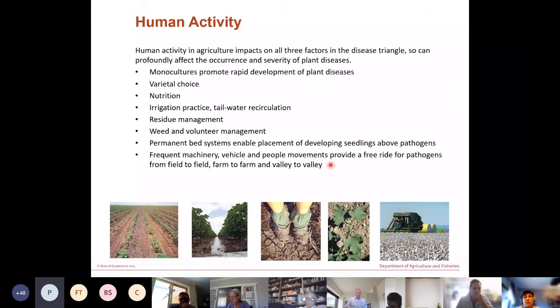And then something that I think we often overlook is just farm hygiene and how much we're spreading that pathogen around. So no criticism on human activity, but just to highlight that, gosh, everything we do potentially and probably does impact that ability of that pathogen to develop and cause problems.